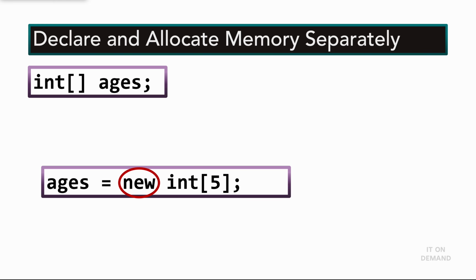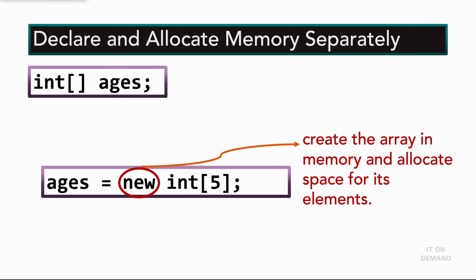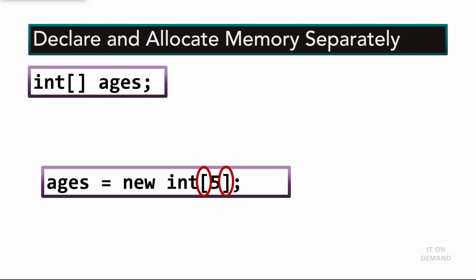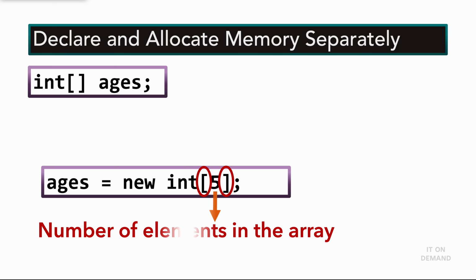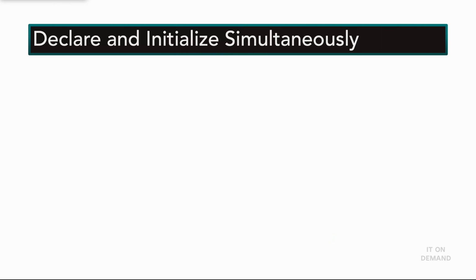And let's look at this new. The new here just says we're creating the array in memory and allocating space for its elements. And what type? We've talked about it. It's an integer data type. And then we have the square bracket. Within the square bracket, we now have the number of elements in the array. I hope this is clear.